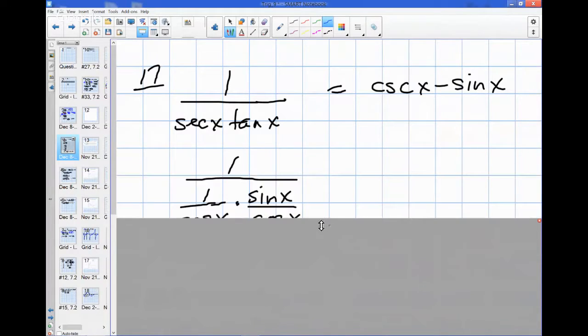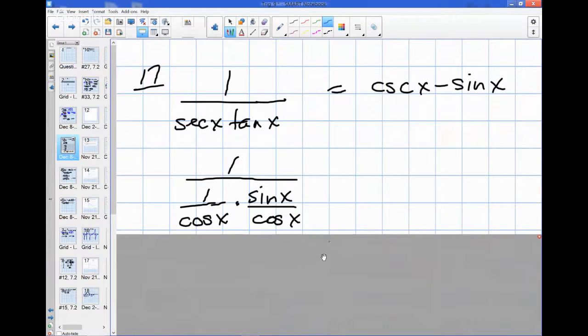The first step is, in place of the secant, let's put its reciprocal in, 1 over cosine. And in place of the tangent, let's put its ratio identity component, sine over cosine. Hopefully you caught on to that pretty quickly. That's important from last class.